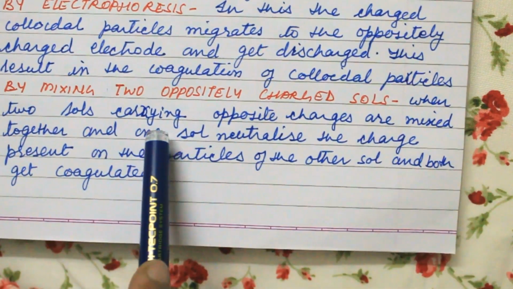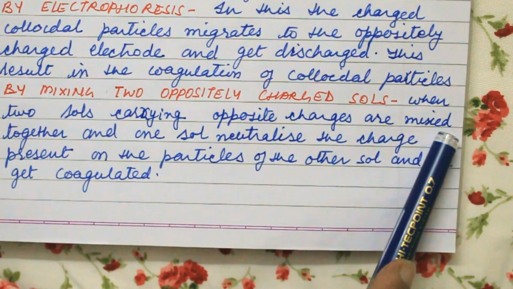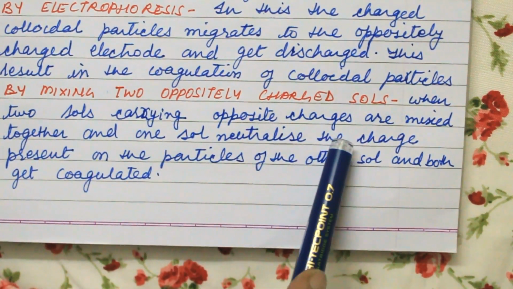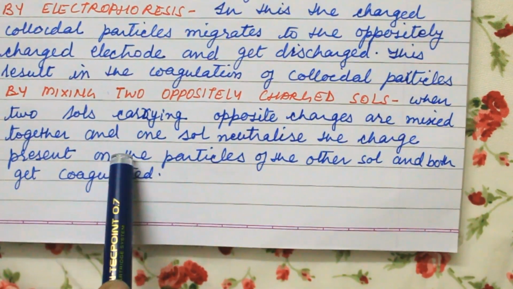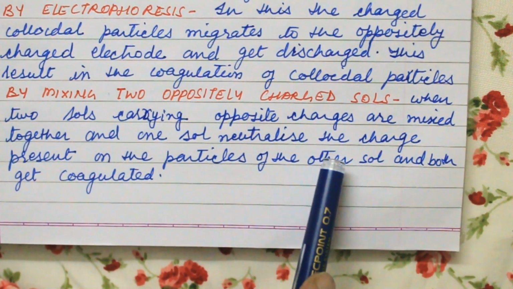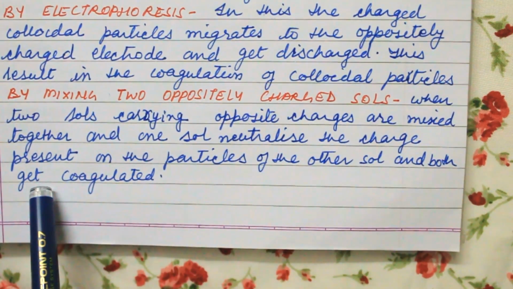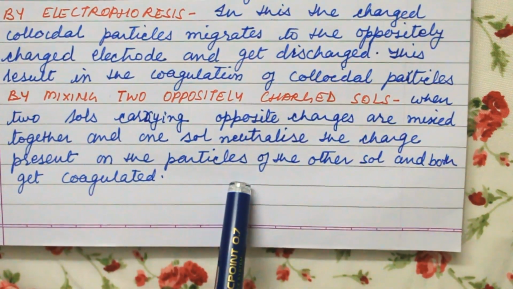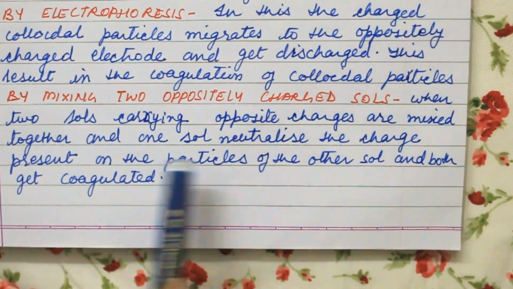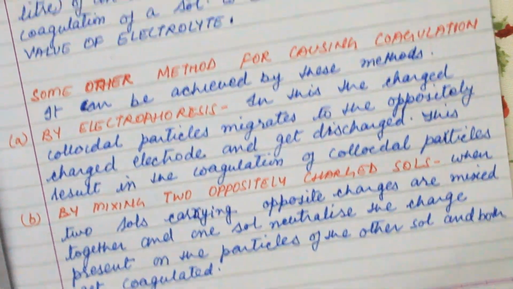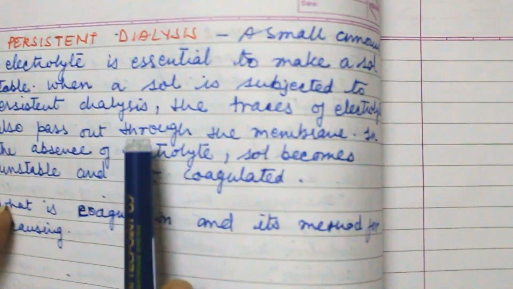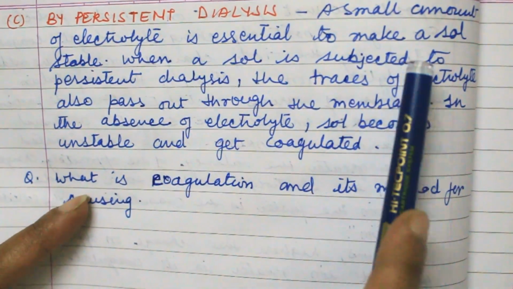Next is mixing of two oppositely charged sols. When two sols carrying opposite charges are mixed together, one sol neutralizes the charge present on the particles of the other sol, and both get coagulated. The third is persistent dialysis.